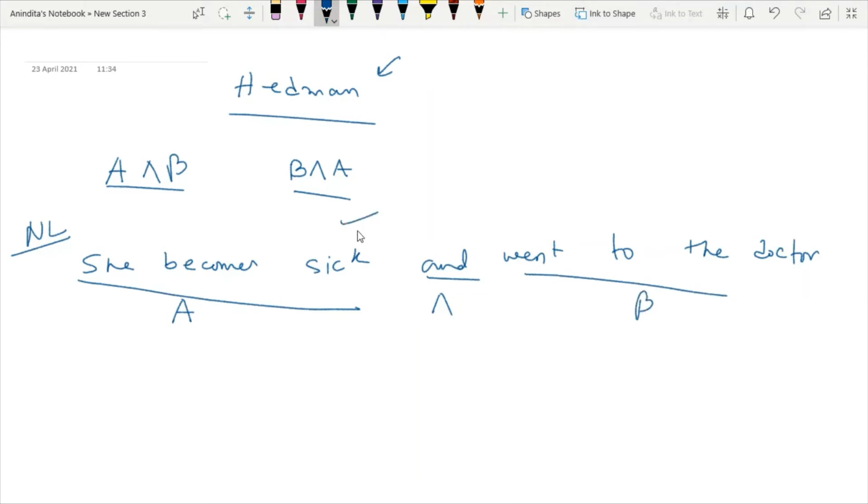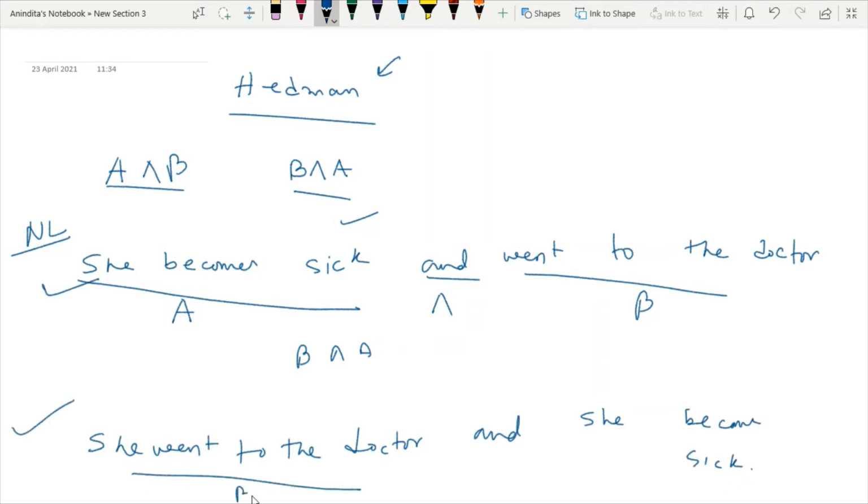See, this is my natural language. So it is not the same as B and A, because it does not imply that she went to the doctor and she becomes sick.